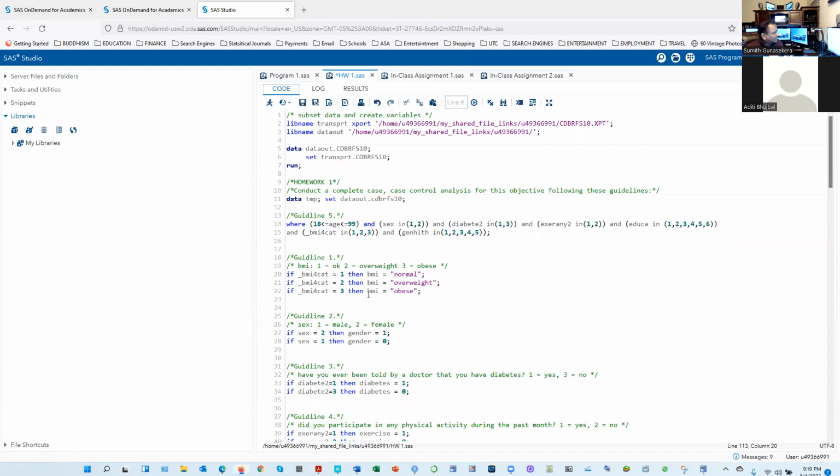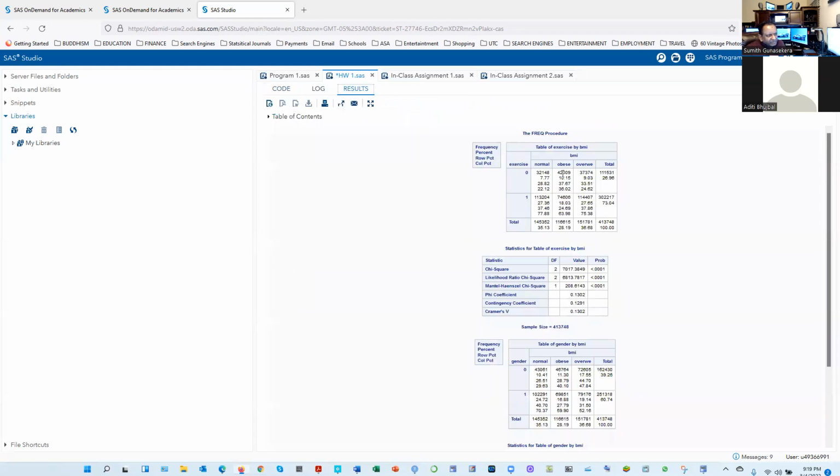One, two, three. Doesn't matter. You see, they were like the normal. So when you fill in this table, you have to be careful.